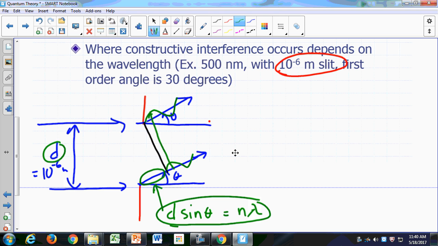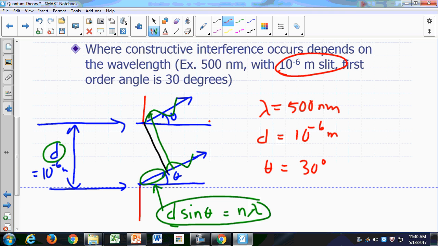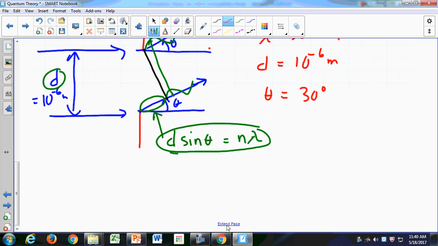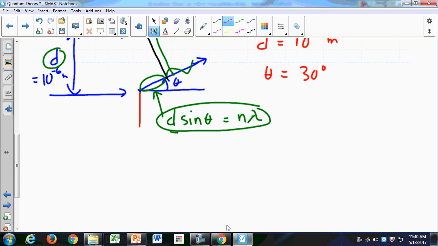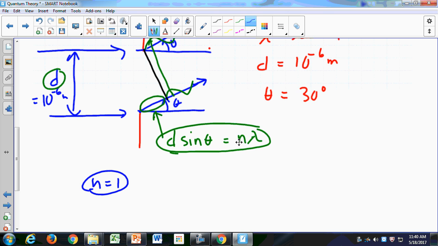For example, let's say our wavelength is 500 nanometers, that's green light, and your slit size d is 10 to the negative 6 meters. Let's verify that this angle is actually going to end up being 30 degrees. Constructive interference happens when d sine theta equals n lambda, where n can be 1, 2, 3, and so on.